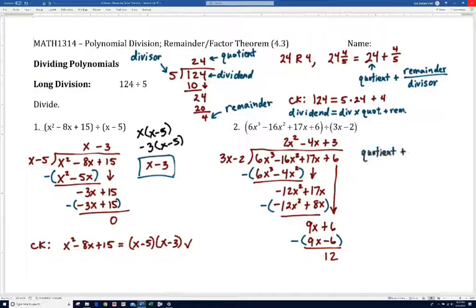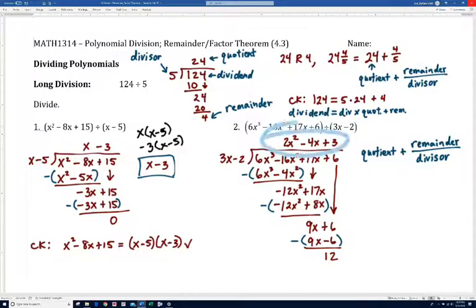All right, so just as a reminder from what we did up above, our answer will have the form quotient plus remainder over divisor. Let's do this one here.